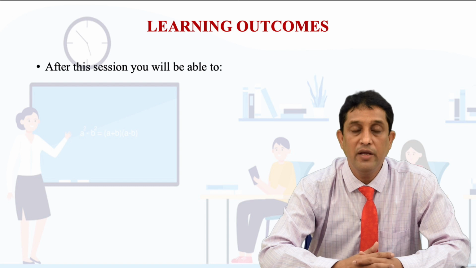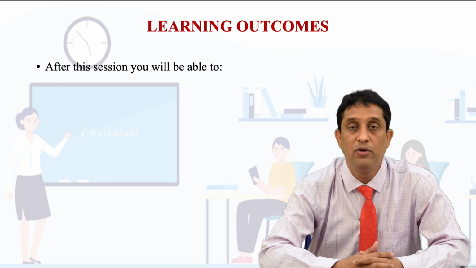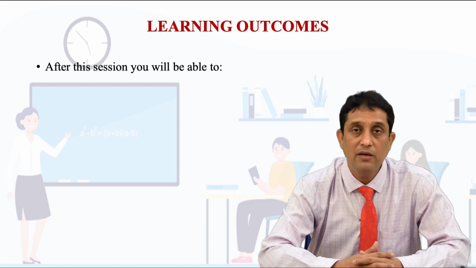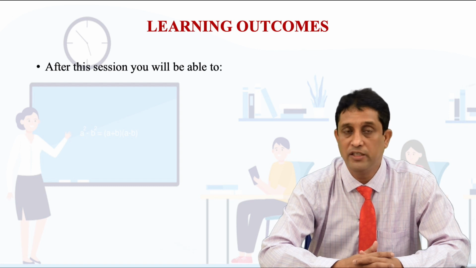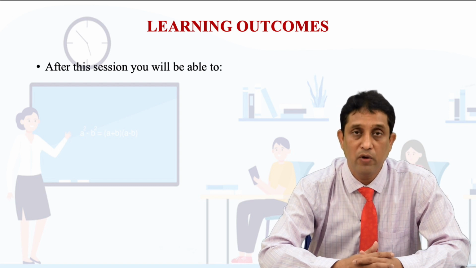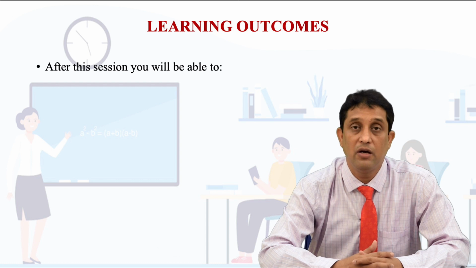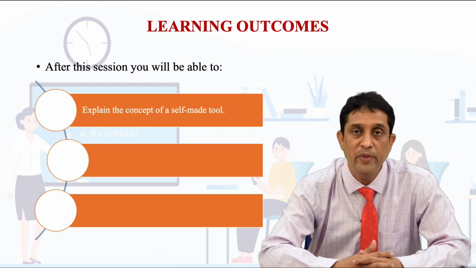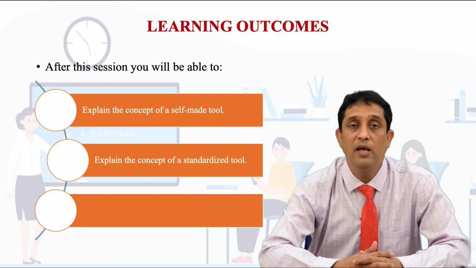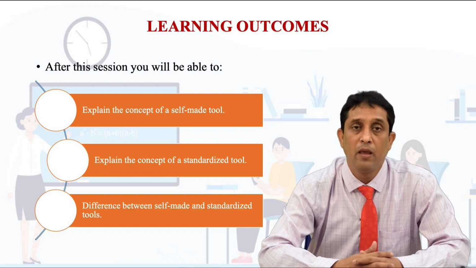Friends, let us go forward to know about the learning outcomes. That means after going through this video lesson, what are the different learning outcomes you are supposed to achieve. After going through the content of this video lesson, you will be able to explain the concept of a self-made tool, explain the concept of a standardized tool, and differentiate between self-made and standardized tool.